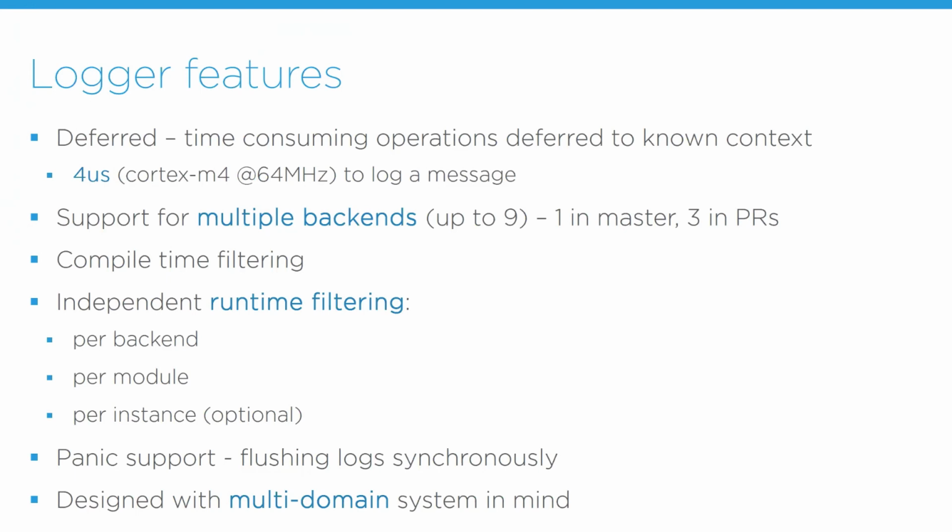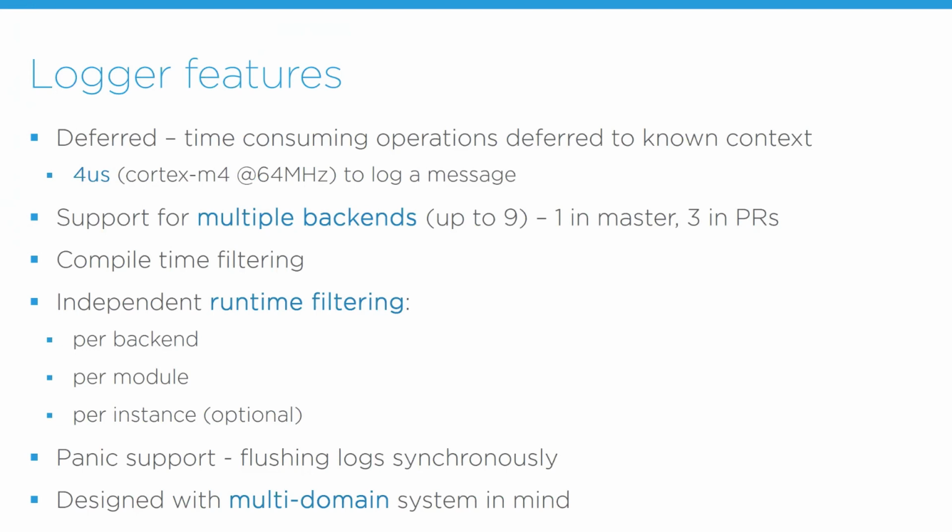The logger, because it's deferred, of course would not work nicely in case of a hard fault or any other fault, because then you cannot use interrupts or threads anymore. So the logger has panic mode support. It means that once panic is communicated to the logger, it can synchronously flush all the logs. It sends a signal to every attached backend, informing that we are in panic.